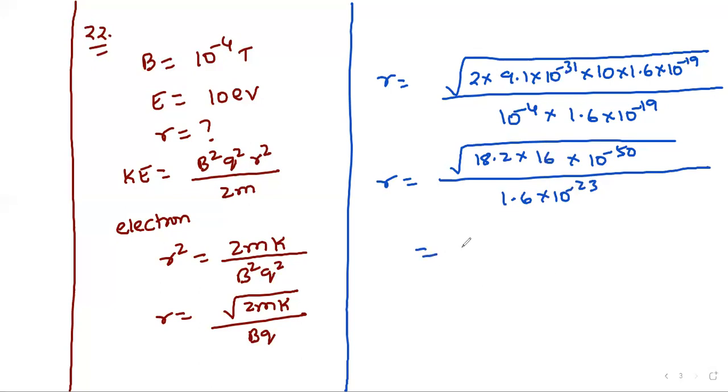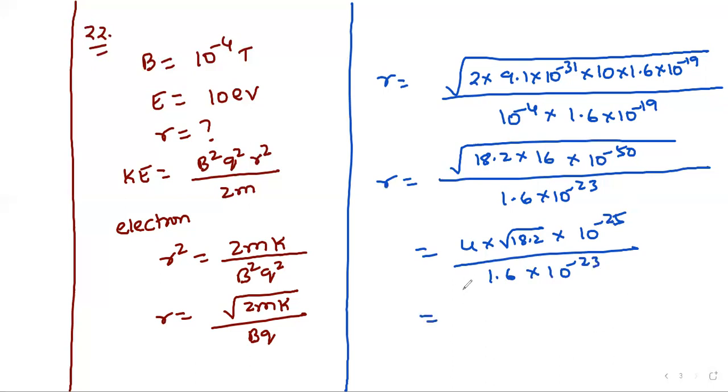This one I will write as 4 into under root 18.2 into 10 power minus 25 by 1.6 into 10 power minus 23. So 4 by 1.6 means 40 by 16, so it will be 5 by 2, into under root 18.2, into 10 power minus 2 meter.